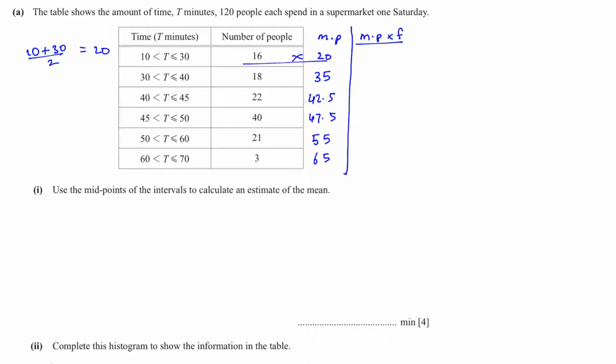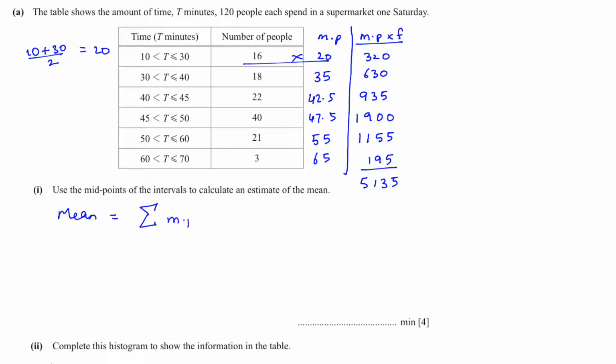Now midpoint multiplied by the frequency. So these two numbers will multiply and write down here. So these are the values you get when you multiply the midpoint by frequency. And when you add all of this, we will get 5135. To find the mean, we find the sum of the midpoint multiplied by frequency over the sum of the frequency.